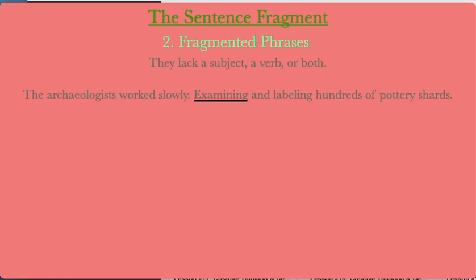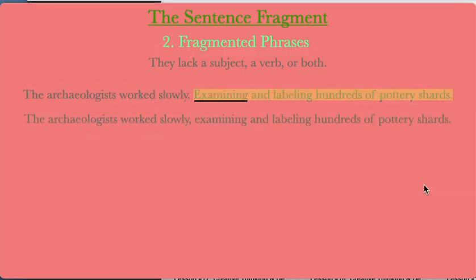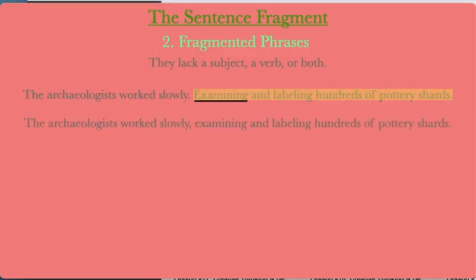If you simply state the phrase out loud, this becomes clear. Examining and labeling hundreds of pottery shards. It's not a sentence. A lot of times a fragmented phrase may simply be pulled into a nearby sentence, like this. The archaeologists worked slowly, examining and labeling hundreds of pottery shards. Easy peasy, just like that.